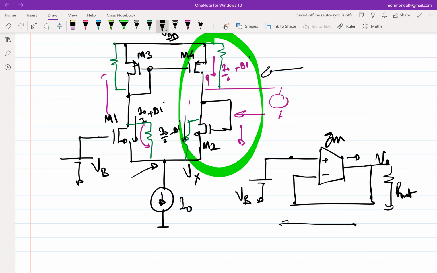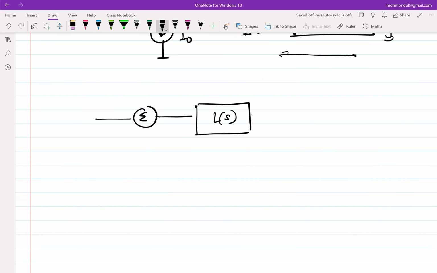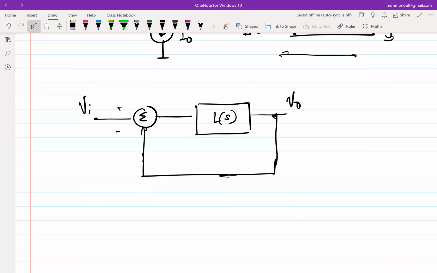There is indeed a better way of approaching it. Let me sketch this L of S thing again. Your V0 and Vi come with some DC quiescent value.